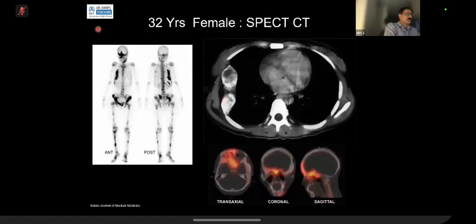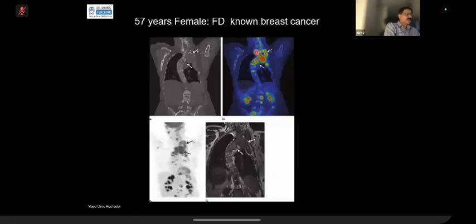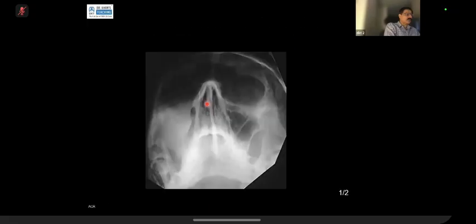And you can see this sign, I think, known as the pirate sign, pirate as in ocean-going pirates. But this is SPECT CT. And then this is a PET from literature. This particular case had breast cancer. But on PET, all of this is actually fibrous dysplasia correlating with other imaging.